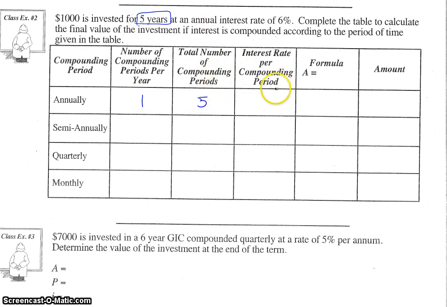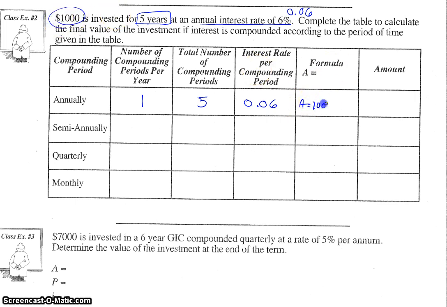1 per year. Interest rate per compound period, well, they give us an annual interest rate of 6%. So writing that as a decimal, that'd be 0.06. Per compound period, well, it's annual anyway, so that wouldn't change, so 0.06. Your formula, therefore, would be A equals P. What was our P? 1,000.